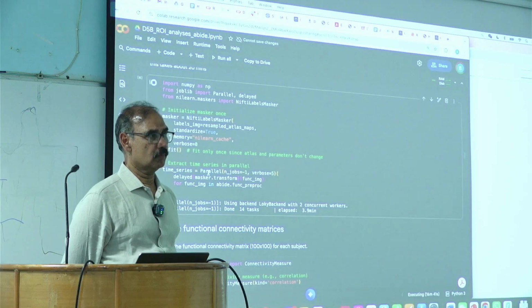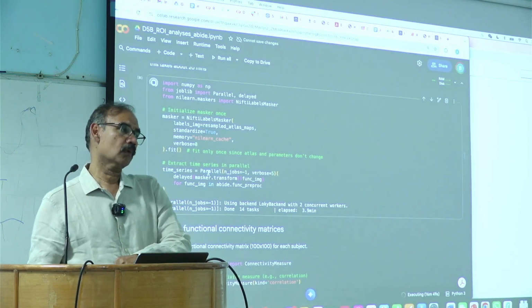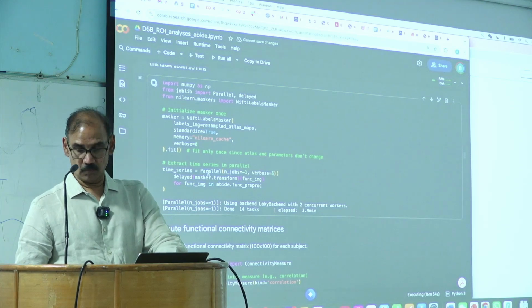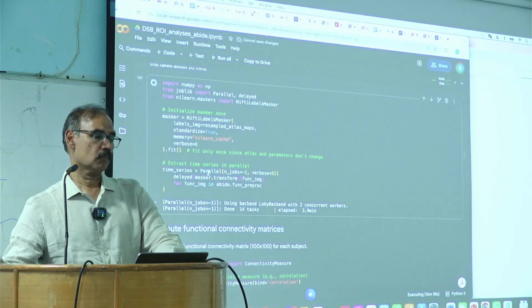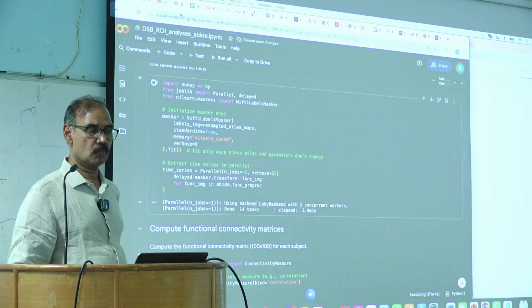There are three severity levels: mild, moderate, and severe, based on ADOS. That's the severity of the symptoms. Based on this stratification, we find three connectivity matrices from the severities and one from the healthy control, and then compare them using a t-test.